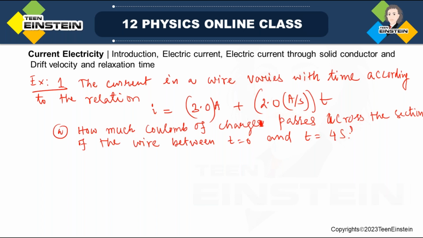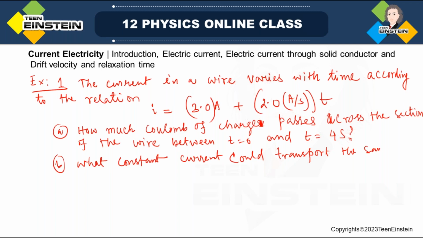And another question is: what constant current would transport the same charge in the same time interval?